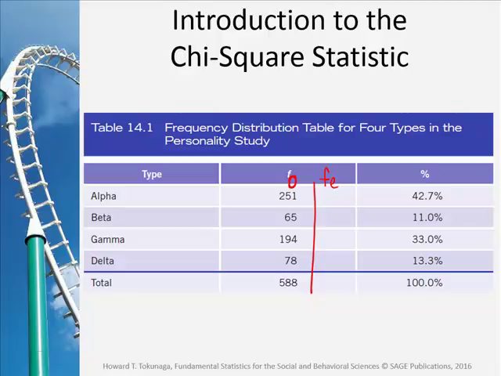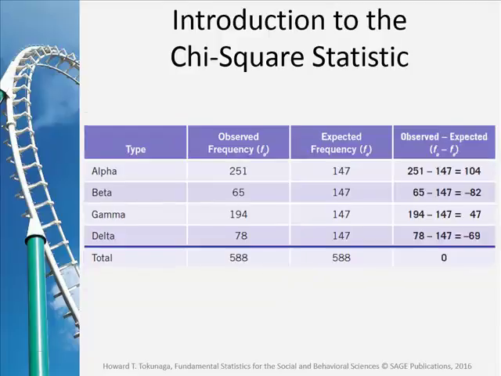How do I figure out what number to put in there? Okay, I have a total number of 588 students. And I have how many groups? 4. 588 divided by 4 is 147.